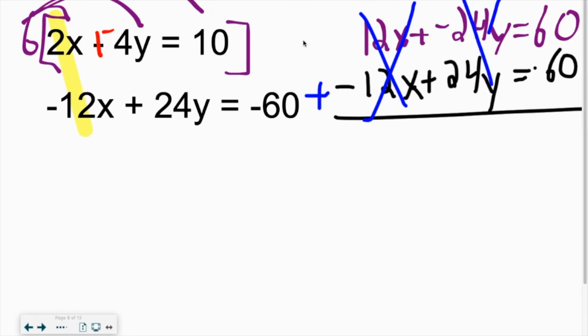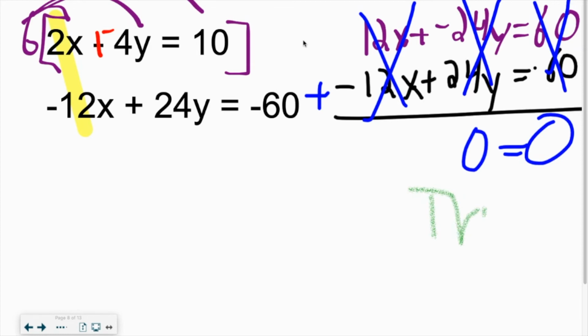The y's cancel, all right? So put down 0 equals 60 plus a negative 60 cancels. There are no variables. So then we must ask ourselves, is this true again? Does 0 equal 0? And since it's yes, then our final answer is infinitely many solutions.